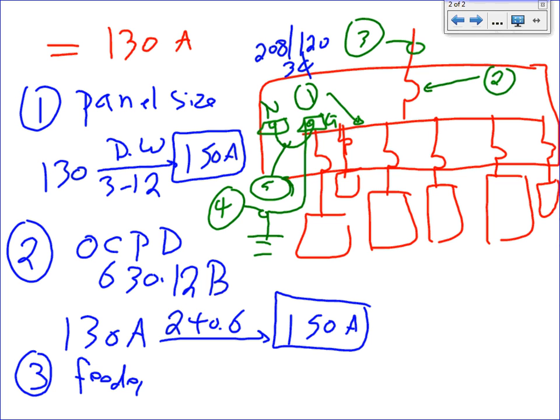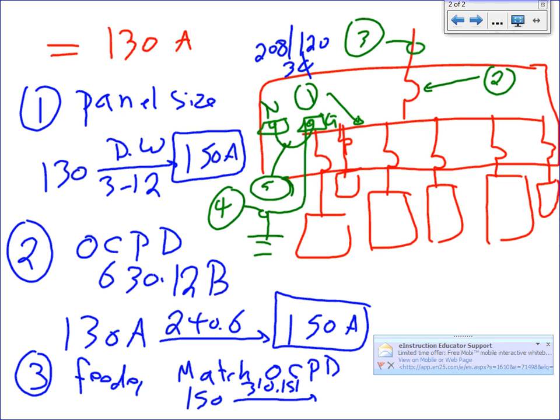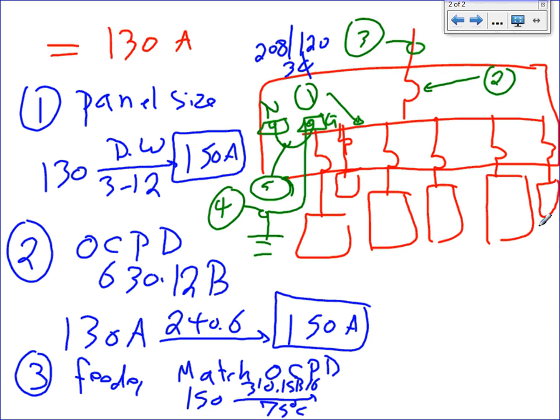So I'm going to say here, match overcurrent protection device. That's a piece of cake. At 150, take this one to 310.15(B)(16) under which column? 75-degree column. And that will give me number 1 out.